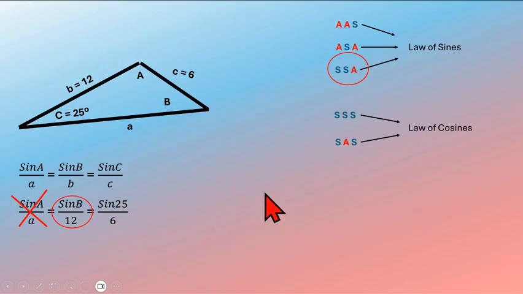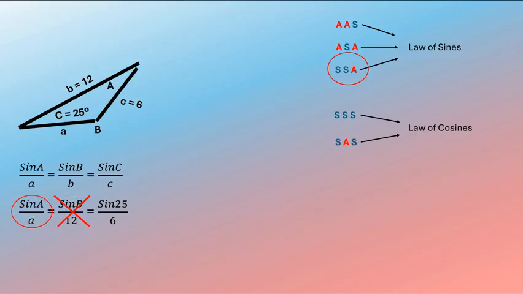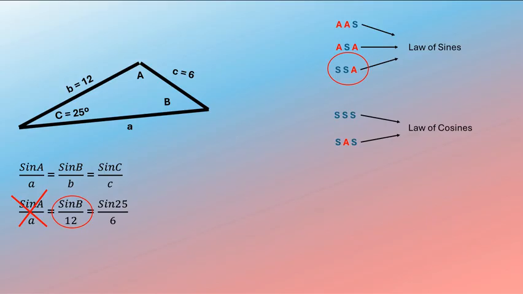So let's do that. Now, on the contrary, if we use the law of sines to find angle A, then we would find this triangle, right? And so if you're not given a picture of the triangle, what you'd have to do is solve it two different ways and get two different triangles.